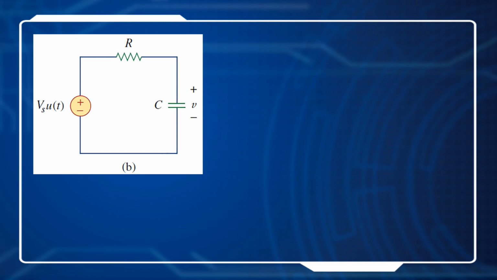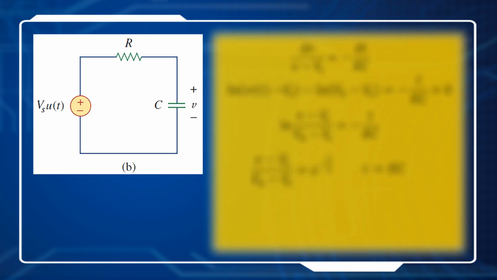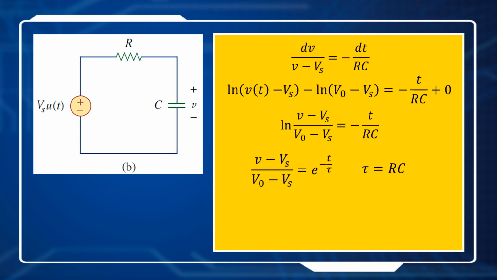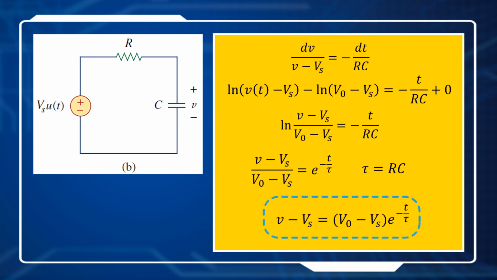Now let's continue to solve this equation, and finally we get the solution as V minus Vs equals (V0 minus Vs) multiplied by e to the minus t over tau power, where tau equals RC.